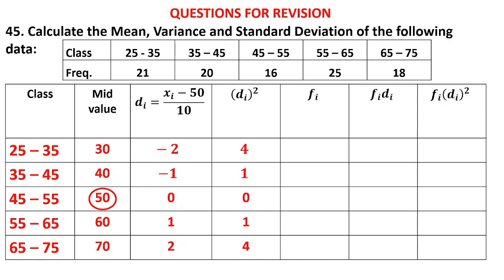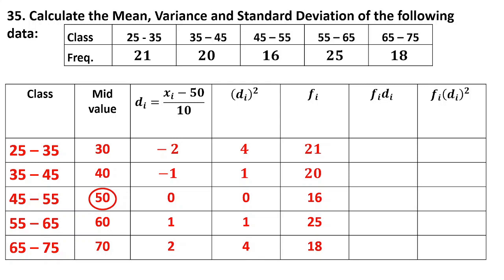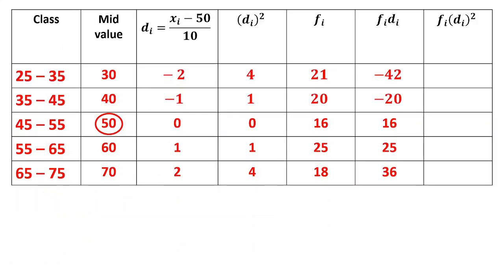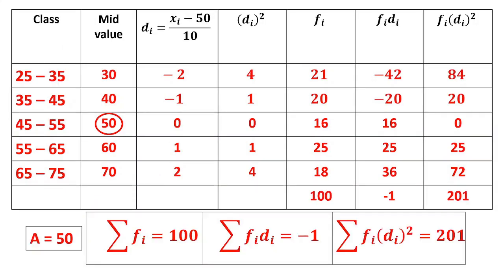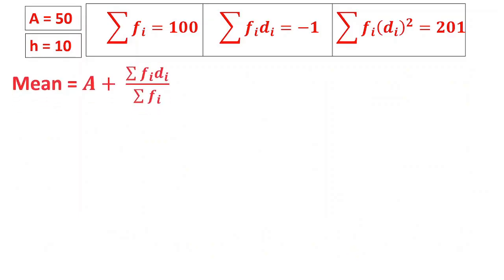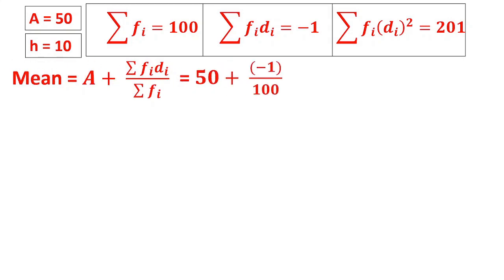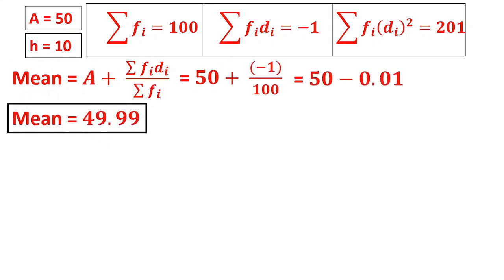Di square is also found, and fi is put there. Fi di is found, and fi di square is found, and a is 50. Sigma fi is 100. Sigma fi di is minus 1. Sigma fi di square is 201. The problem depends only on the formula. Mean is a plus sigma fi di by sigma fi. Therefore the answer is 49.99.